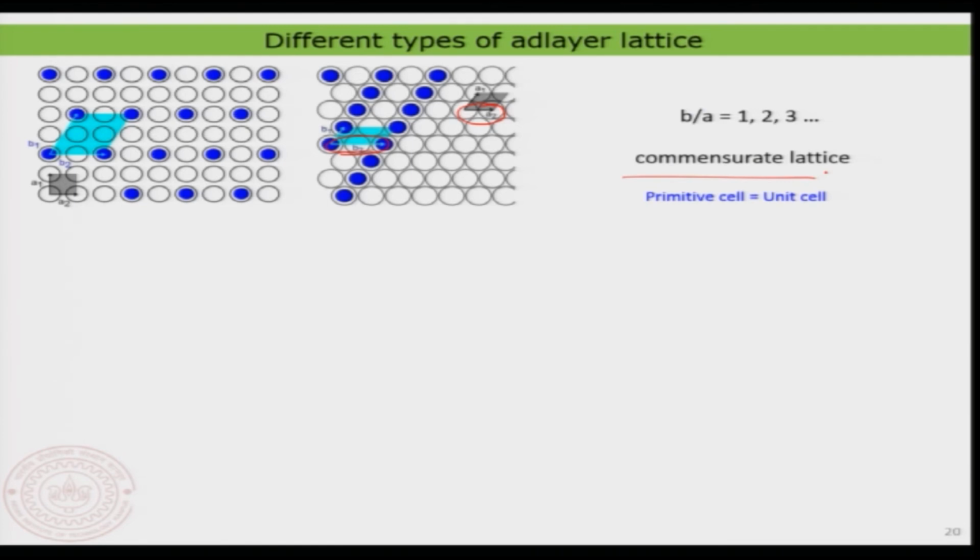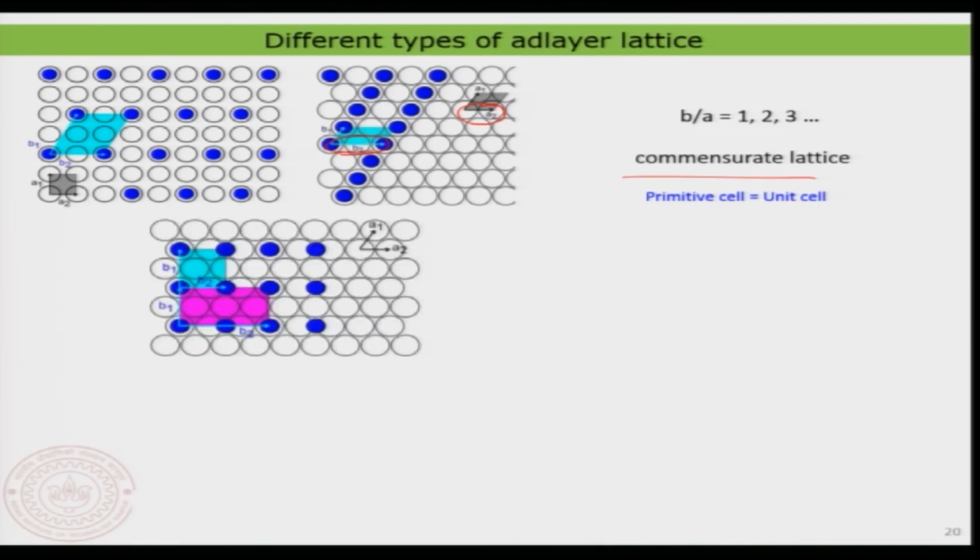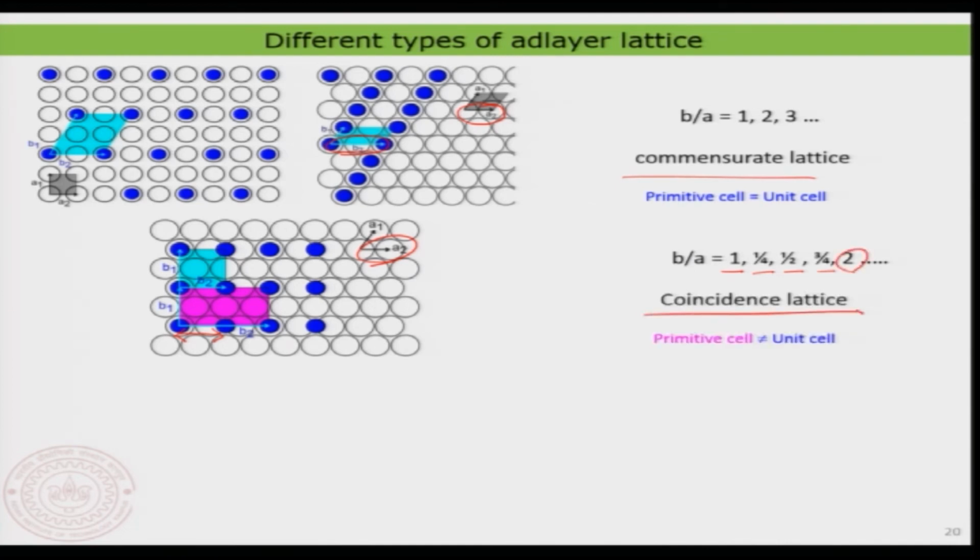That means the lattice is in commensuration with the surface. But there is another one where the magnitude is not really an integer number in relation to the surface unit lattice vector, but if you are getting something like 1 by 4, half, 3/4, 2 and things like that, then typically you call it a coincidence lattice.